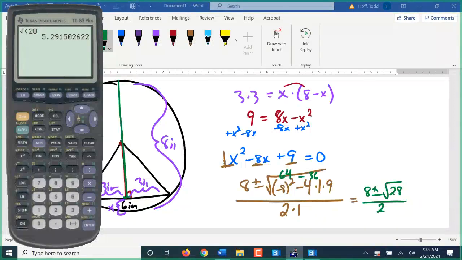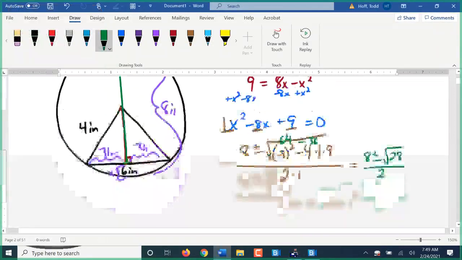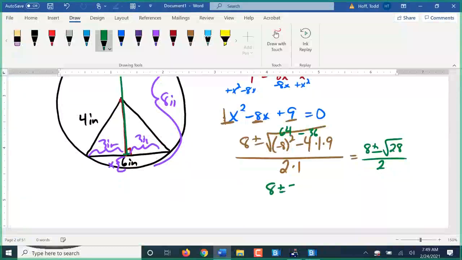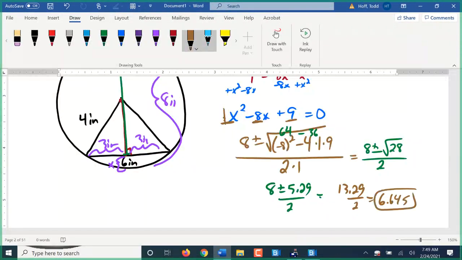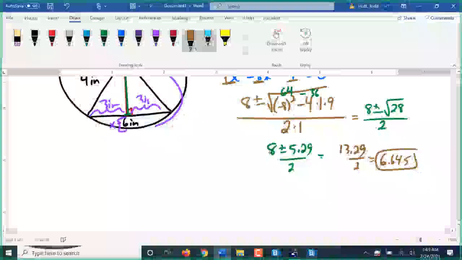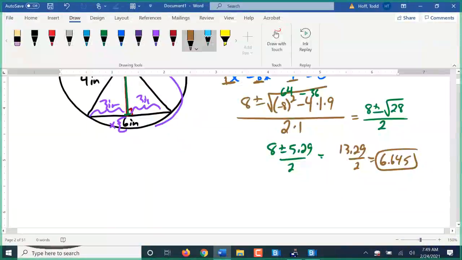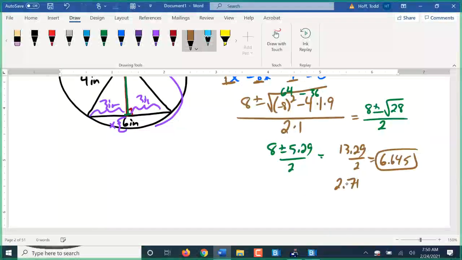Square root of 28 is 5.29. 8 plus or minus 5.29 over 2. 8 plus 5.29 would be 13.29 over 2, 6.645. 8 minus the 5.29 would be 2.71 over 2 is 1.355.